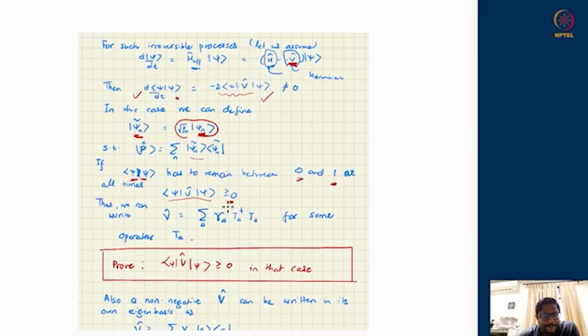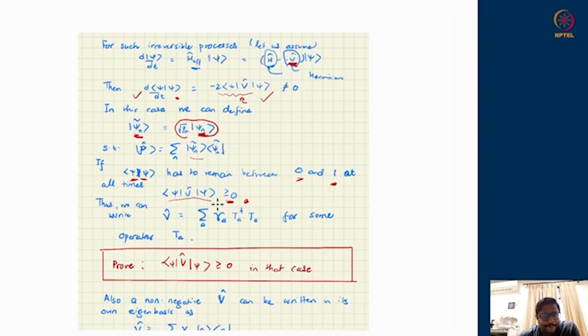Therefore, in any dissipative process in which probability is leaking out into other particles, this should at least be true, that whatever is controlling its non-unitary part should be a positive semi-definite operator. That means its expectation value for any state psi should always be either 0 or a positive number. It can never become a negative number. Otherwise, probabilities will grow beyond 1. That is not supposed to happen. So this is a very essential requirement, that the dissipation dynamics, the V term, should be positive semi-definite.